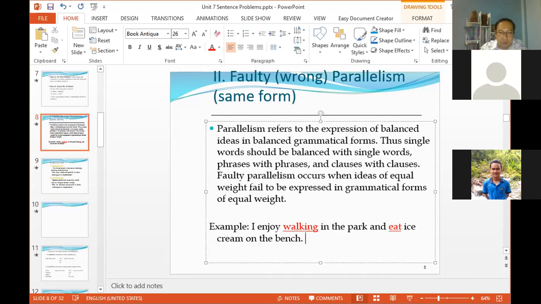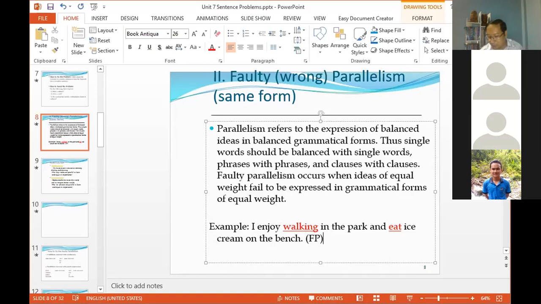So this one we call faulty parallelism. Because why? The sentence doesn't have the same form on both sides. One is an -ing form and another one is not. That's why it is wrong.